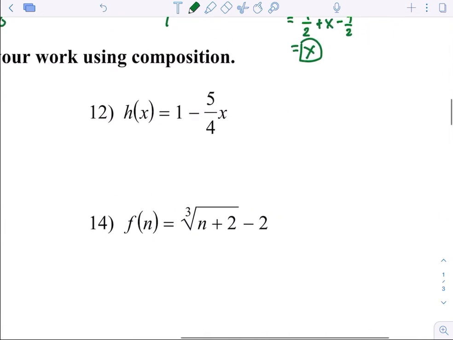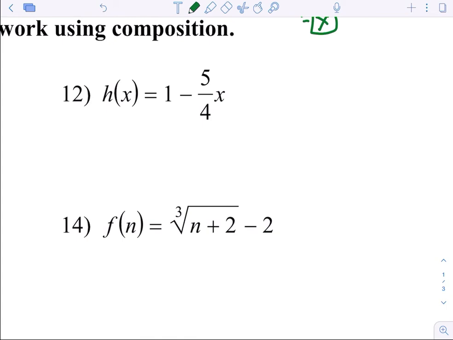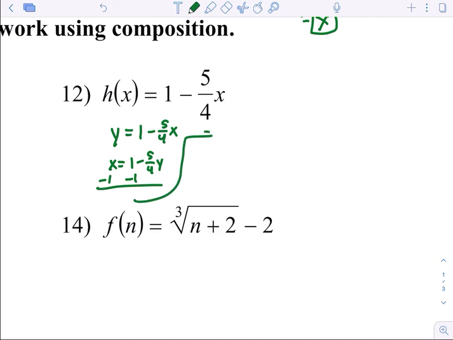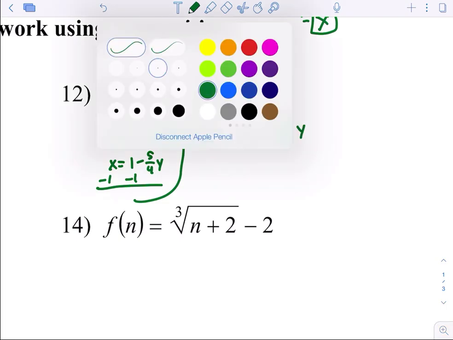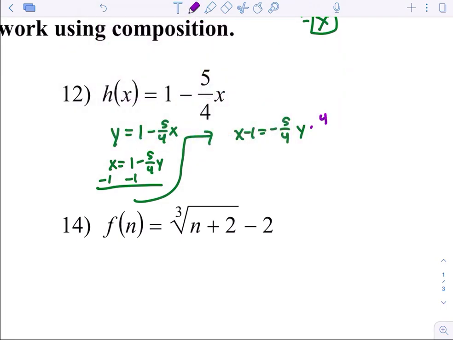Okay, 12. Change h of x to be y. Switch the variables. Now solve for your new y, so subtract both sides by 1. Multiply both sides by the reciprocal.